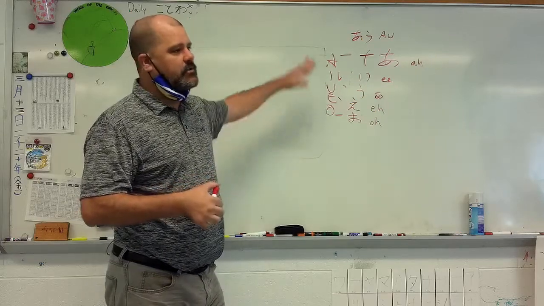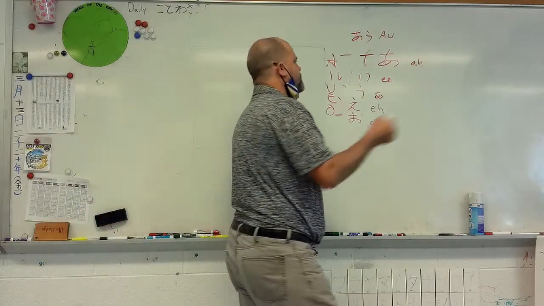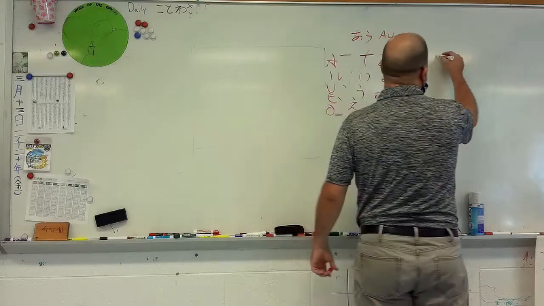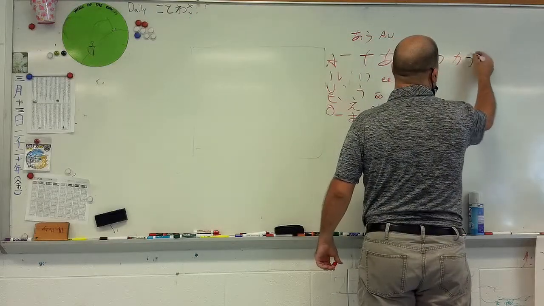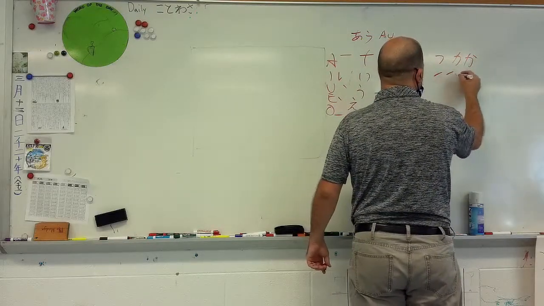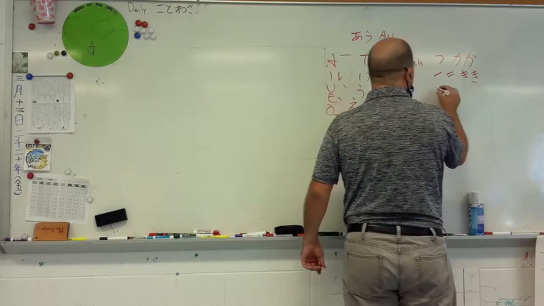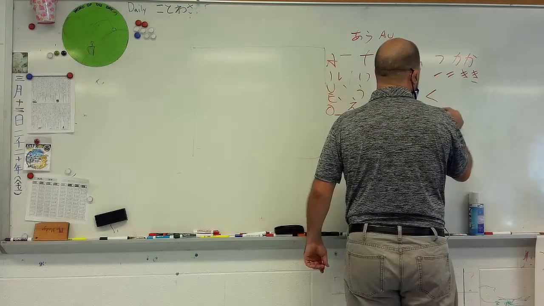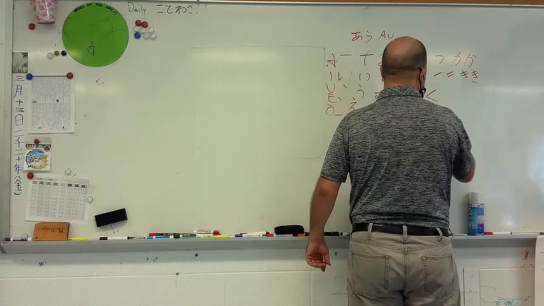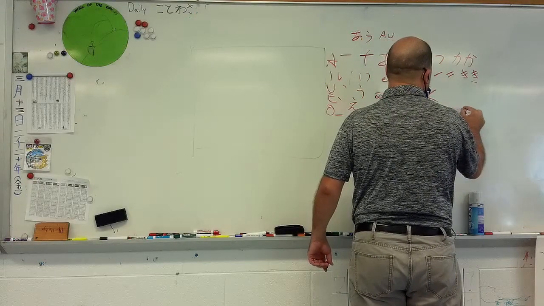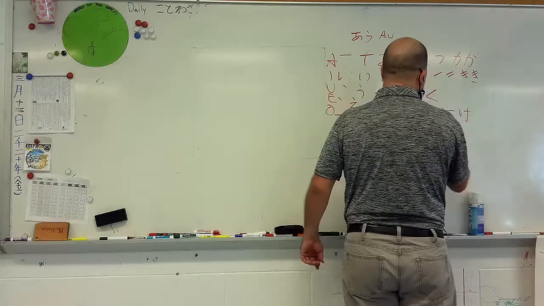Okay, so A, I, U, E, O, and then the second list that you'll learn is ka, ki, ku, ke, ko.